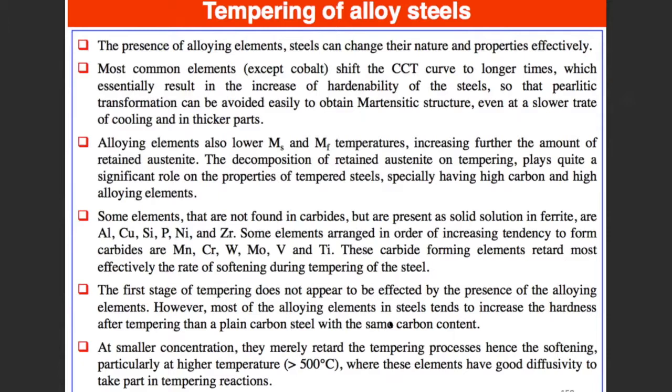We've got additional solid solution strengthening that's happening, and we also are going to potentially have a finer grain structure than we would in a plain carbon steel, right? So at low concentrations, they're going to have the overall effect of slowing down the tempering process.